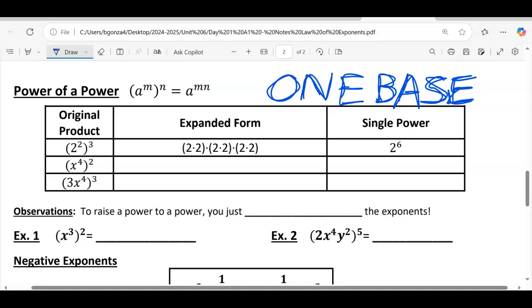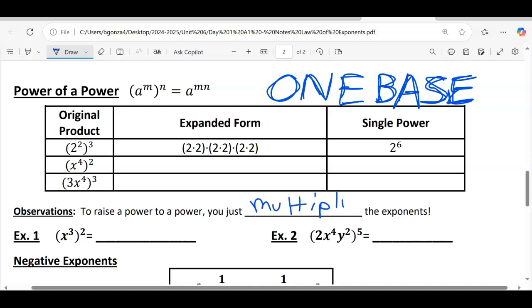Do you see in this rule, there's a to the power of m to the power of n, but there's only one a, okay? This is very important because this is going to get all confusing if you don't see the difference. When there is 1 base at the bottom and then 2 powers, power to another power, in this situation, we're going to multiply the exponent.